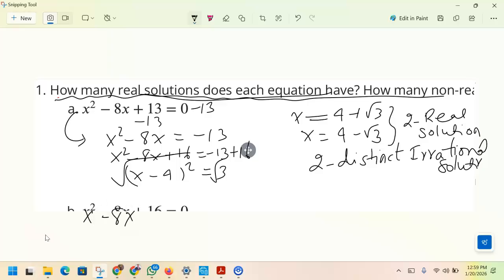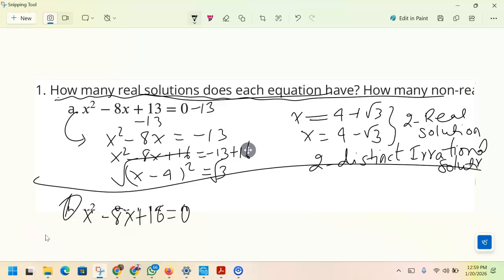And the next one, the B part, everything was the same. Instead of the constant they gave you, I think, 16. What is the question in B? Oh, it was 16. See this, this piece is already a perfect square.